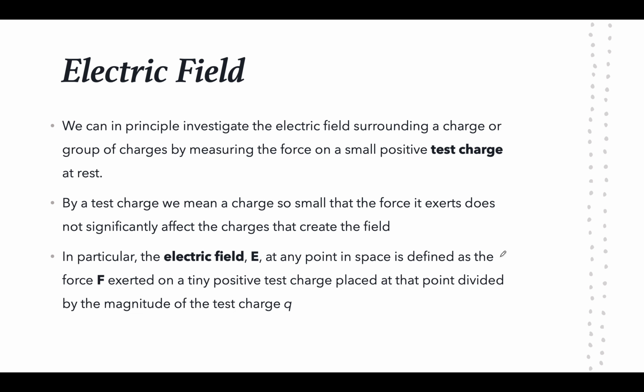So, in particular, the electric field at any point in space is defined as the force exerted on a tiny test charge placed at that point divided by the magnitude of the test charge. So what does this mean? This means that the electric field at any point is given by the equation E equals F over q, where this F is the electric force that we learned in a previous video. This force is k q1 q2 over r squared.